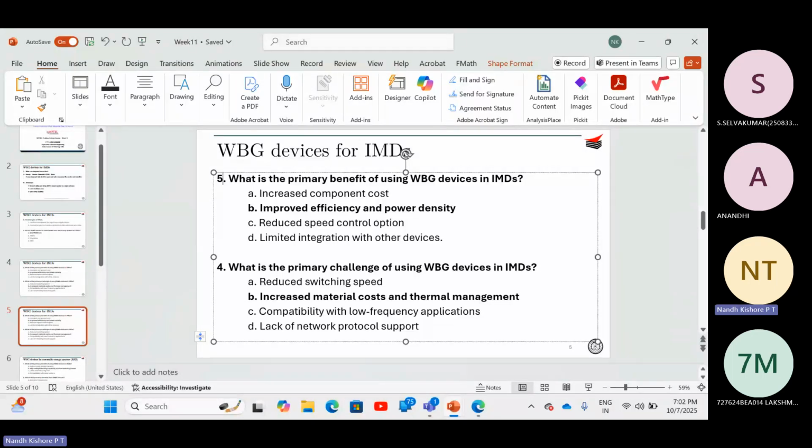One of the problems in IMDs was: which application area was highlighted for IMDs using WBG devices? Electrohydrostatic actuators.